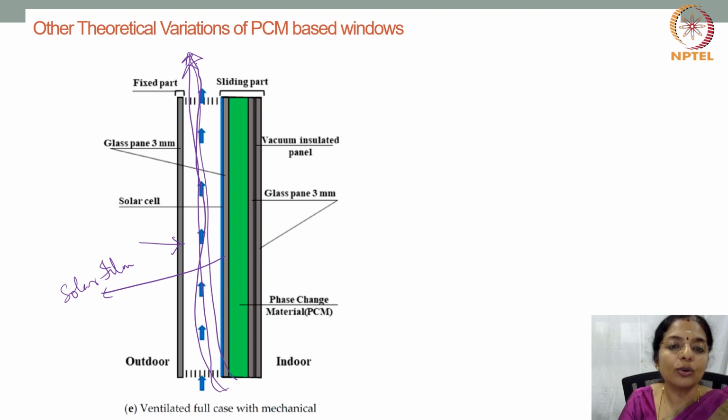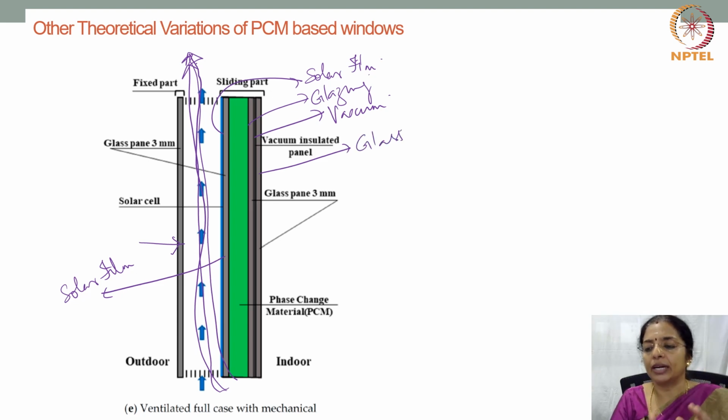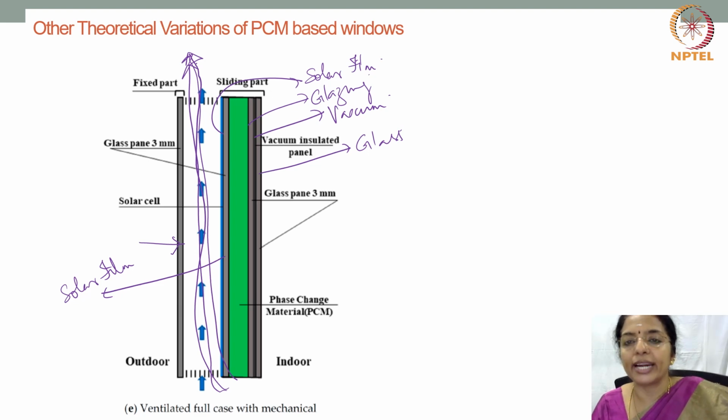Then you have the solar film. Then again glazing. Then a vacuum space, and then another glass. So you can have multiple designs or options of PCM encapsulated windows.